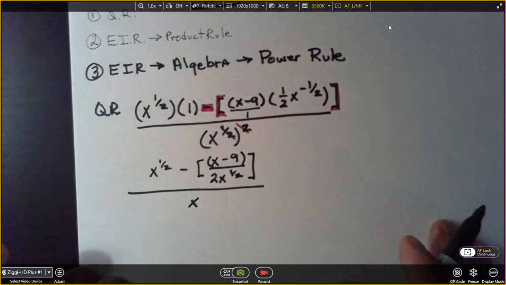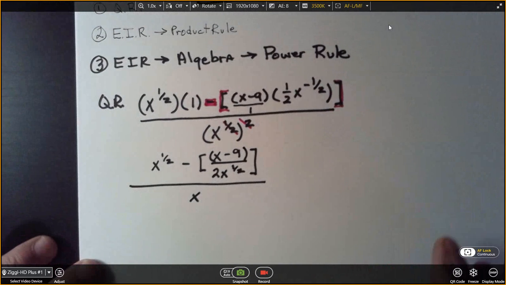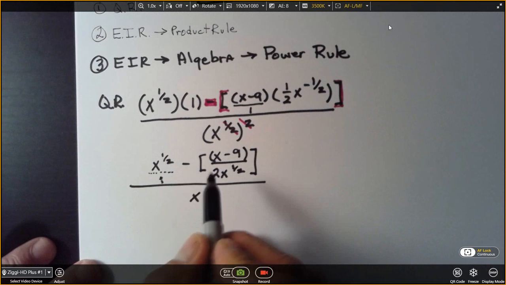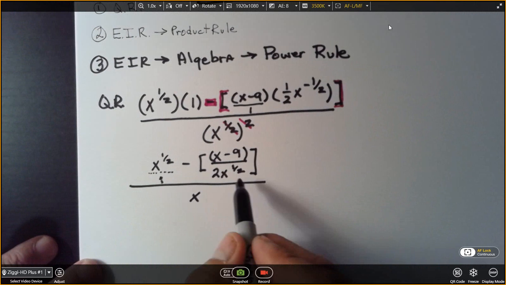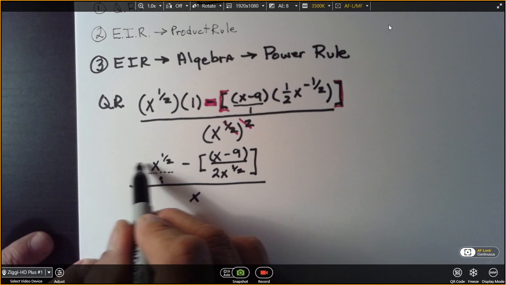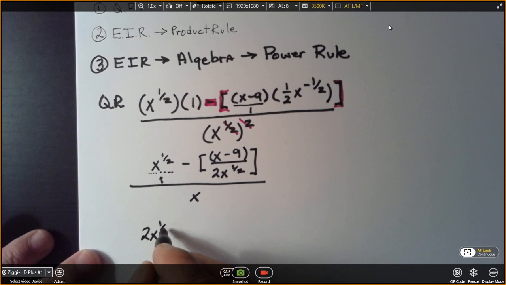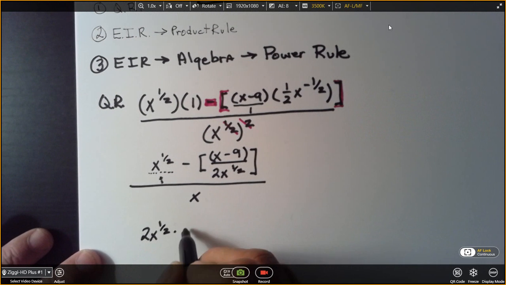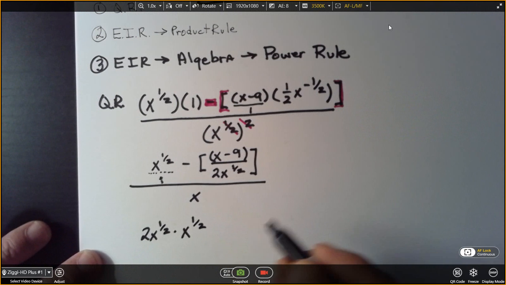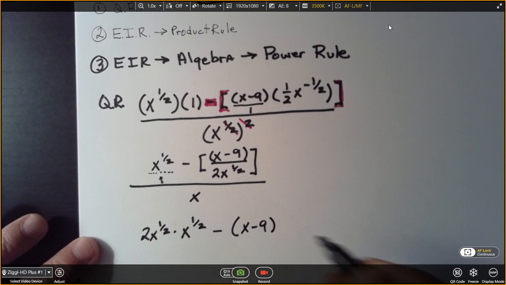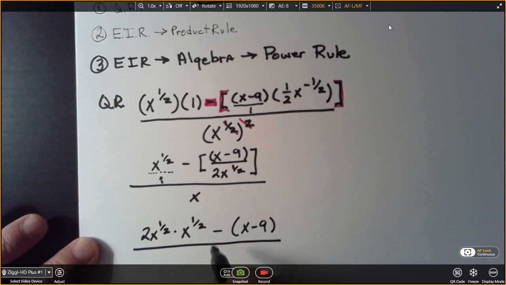It's a complex rational expression. So, first thing I'm going to do, put this over 1. So we got to have a common denominator, which is 2x to the 1/2. So I got to multiply this times 2x to the 1/2. So I'm going to get 2x to the 1/2 times x to the 1/2 minus, parentheses, x minus 9, all that over 2x to the 1/2, and all that over x.